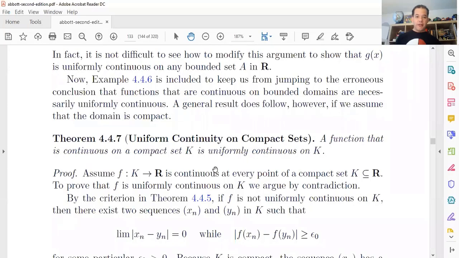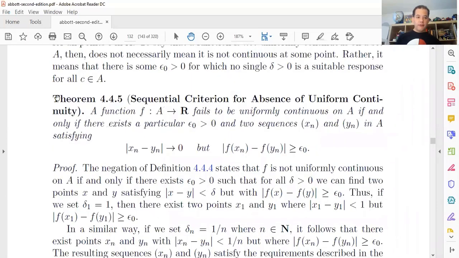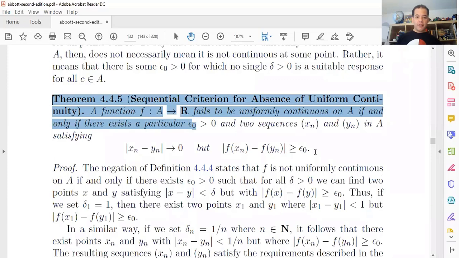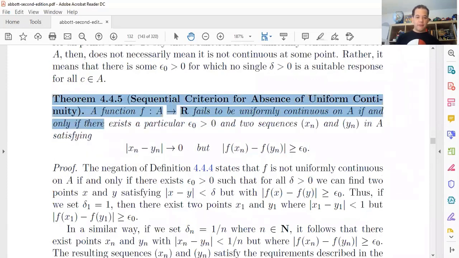So specifically, we want to use this one, theorem 4.4.5, the one that I'm highlighting. What it says is that a function is not uniformly continuous if we can find some epsilon 0, some separation distance, and two sequences that have this property.